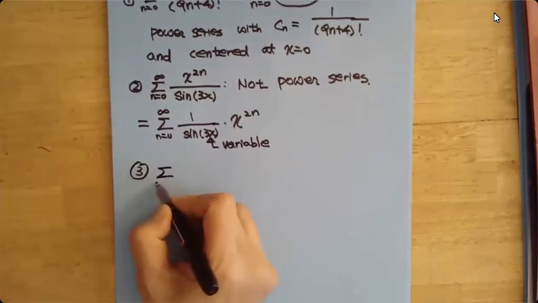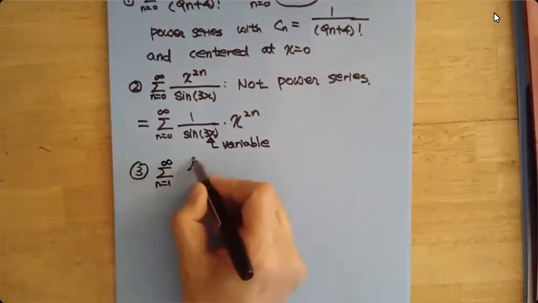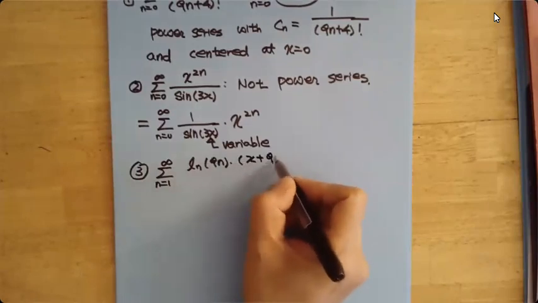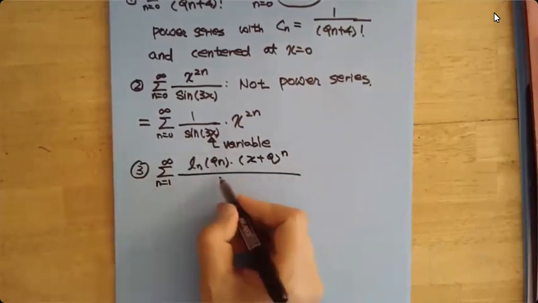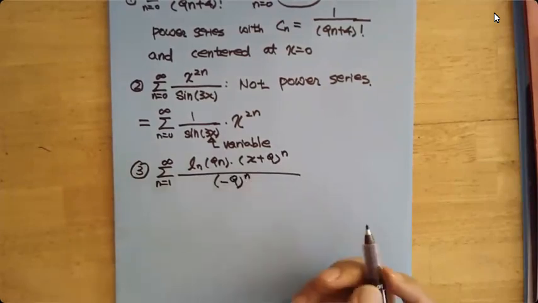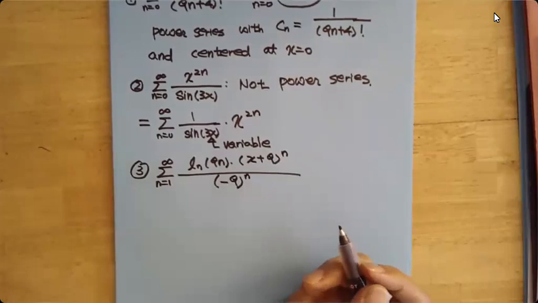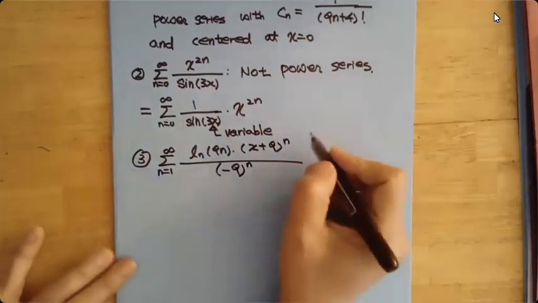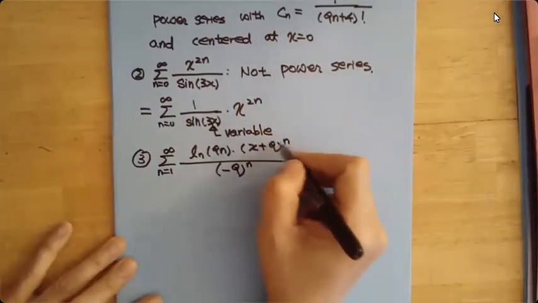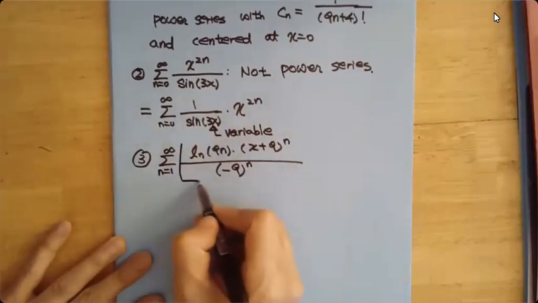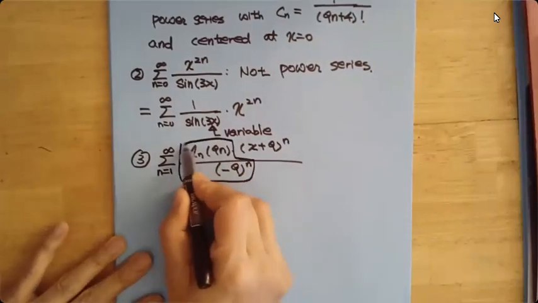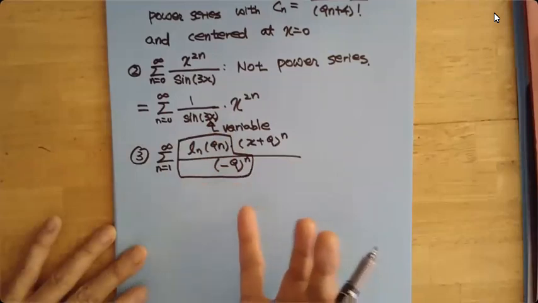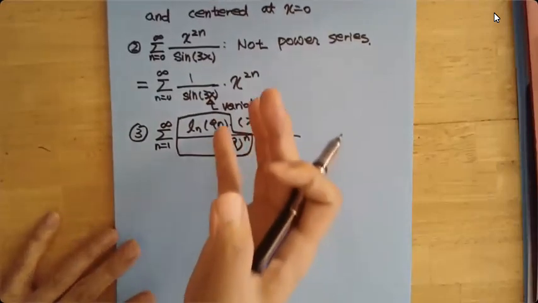The next series is n equals 1 to infinity of natural log of 9n times (x plus 9) to the n power over negative 9 to the n power. Then we can see that this is x minus something, the variable, to a certain power. And then when we look at the remaining part, we have to see whether it contains any variable. The answer is no, because those are n.